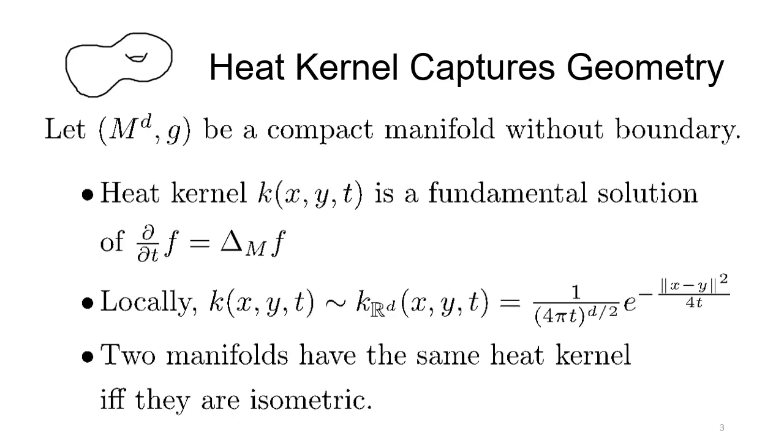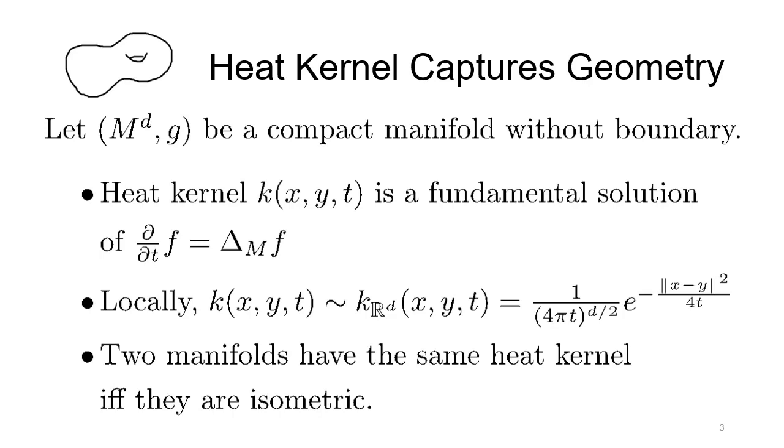So locally, the heat kernel solution actually looks like the heat kernel solution on Euclidean space. And we do know the heat kernel on Euclidean space exactly looks like this: (1 over 4 pi t) to the power d over 2 times this exponential function. The d is the dimension of the manifold.